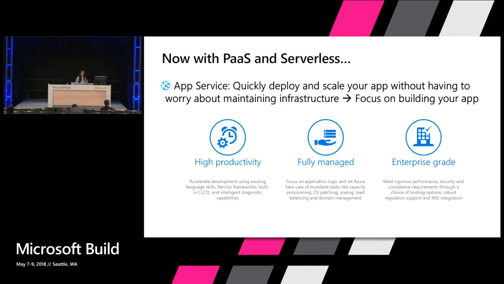This is basically the quickest and easiest way to deploy and scale your app on the Azure cloud without having to worry about maintaining the infrastructure. That means you and your team can be more productive because you can focus on building your app and not on managing the VMs and those questions that we looked at in the previous slide.